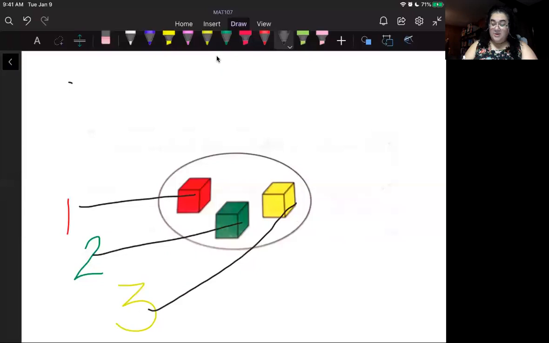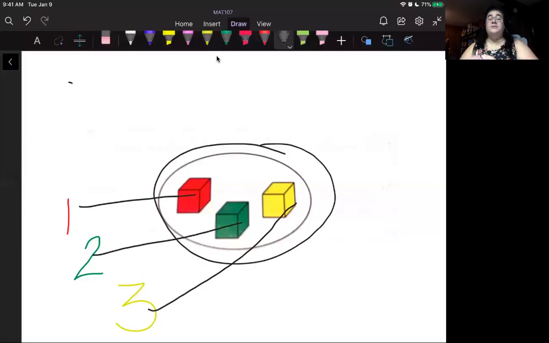They successfully tell you all 3 of them, and they point to the whole group and say, this is 3 blocks. This child has mastered one of the concepts we're going to discuss in today's lecture, which is called the idea of cardinal numbers. In other words, they understand that these numbers, 1, 2, and 3, are not just some numbers they chant to a little song, but rather they represent a quantity.